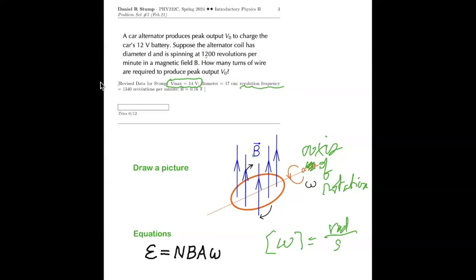So this would be 1340 revolutions. One revolution is 2 pi radians, divided by a minute. Well, a minute is 60 seconds.